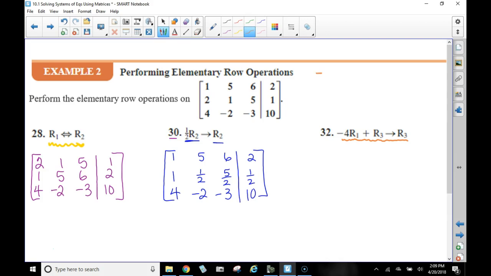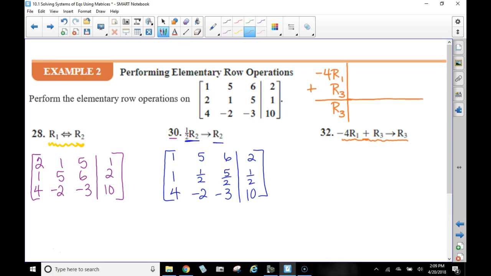We're going to take -4 times row 1, then added to row 3, and we're going to get a new row 3. So there's the directions on what we're going to do. I'm going to organize it that way, and then we're going to actually put the values in right there.